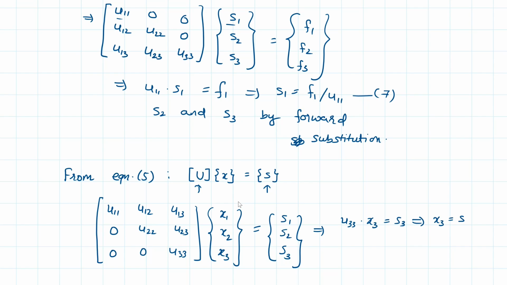So then X3 is equal to S3 over U33, and we can calculate X2 and X1 by backward substitution.